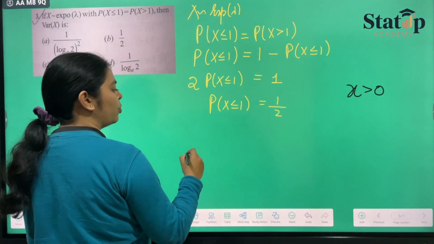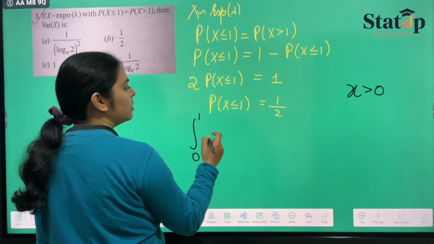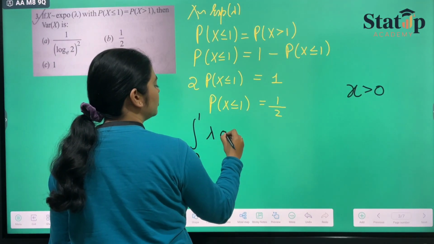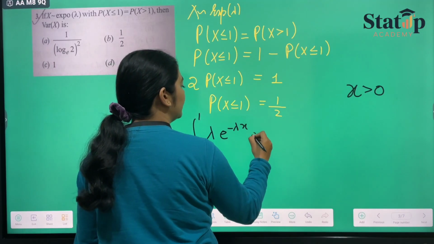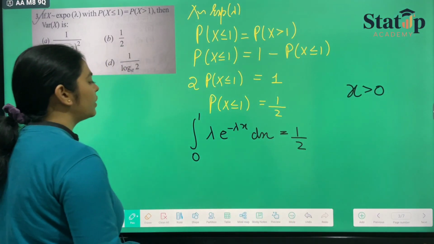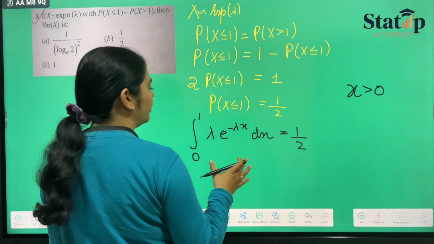So here we can open this probability. The limits will be from 0 to 1 f(x). f(x) is nothing but lambda e raised to the power minus lambda x dx is equal to 1 by 2. So on solving it, we'll be getting our value for lambda.